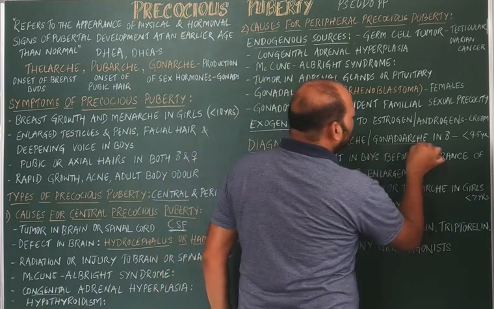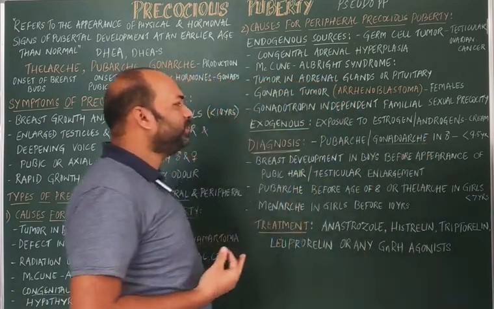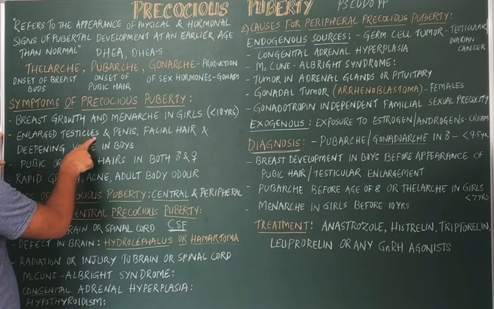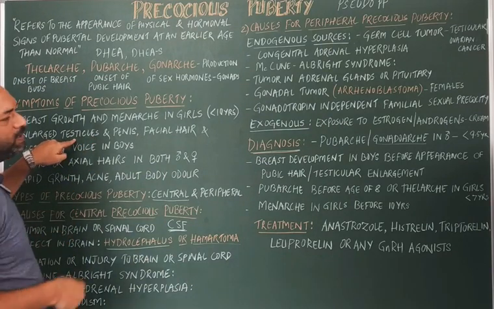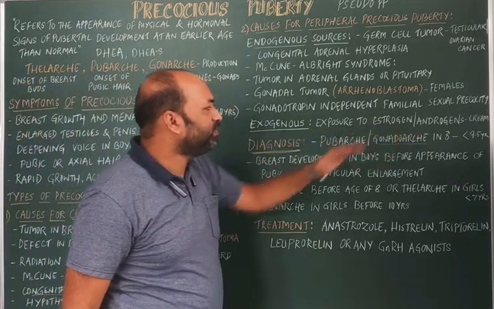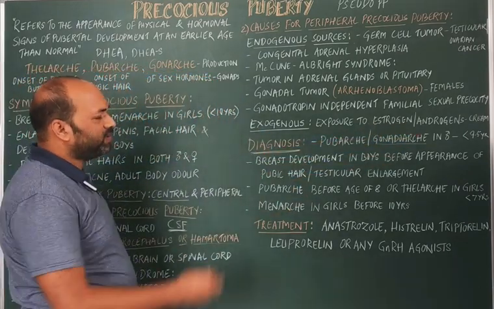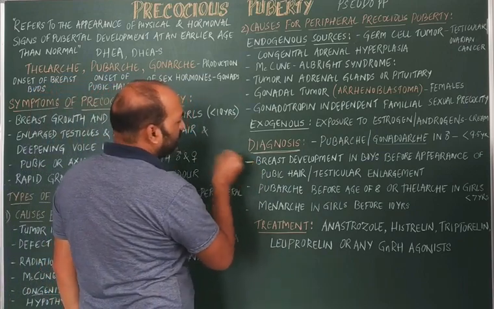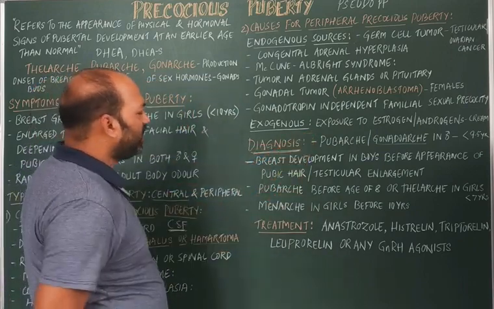Or gonadarche. Gonadarche means the testicles start enlarging after maturity, but if that is seen at an earlier age, less than 9.5, that is one of the possible signs of precocious puberty. So, pubarche or gonadarche.